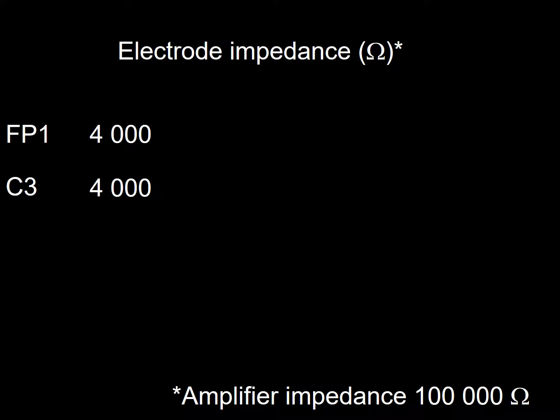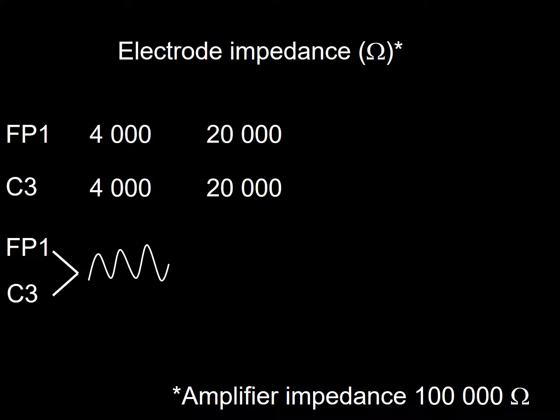In this frame, I am representing the impedance at FP1 and C3 to be 4000 ohms. Below, I am representing the waveform generated by these electrodes from an imaginary head.